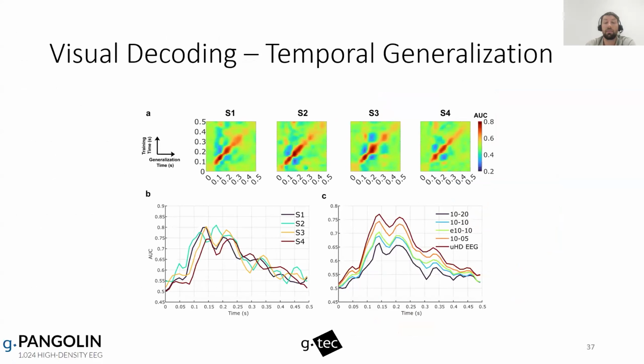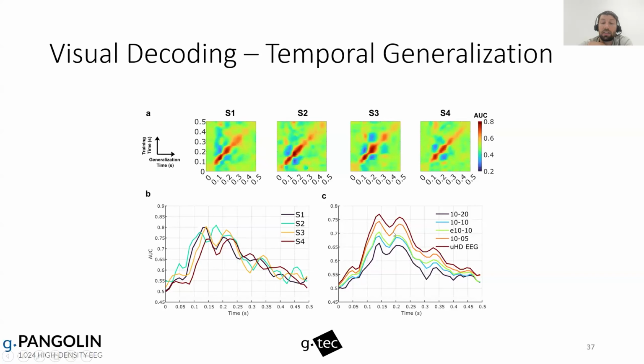And temporally seen, we also did some investigations and saw that there is a clear behavior. So you can see here these temporal generalization maps, and you can see a clear increase in accuracy at the N100, and then a little dip, and again around 200 milliseconds with the second phase of the visually evoked potentials, slightly different for subjects.